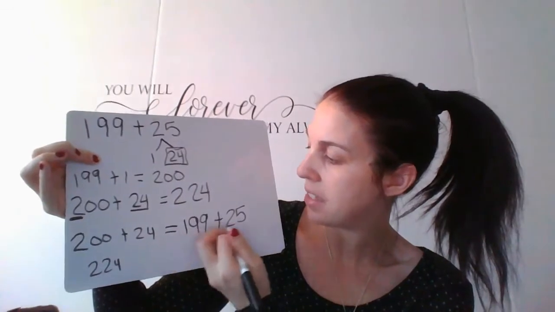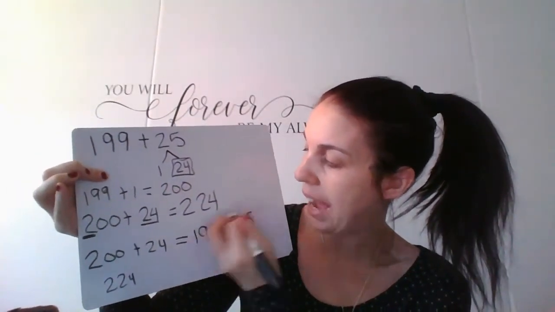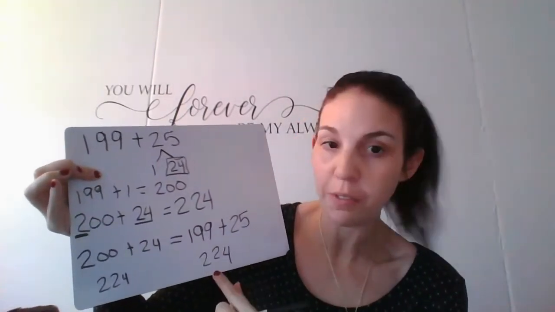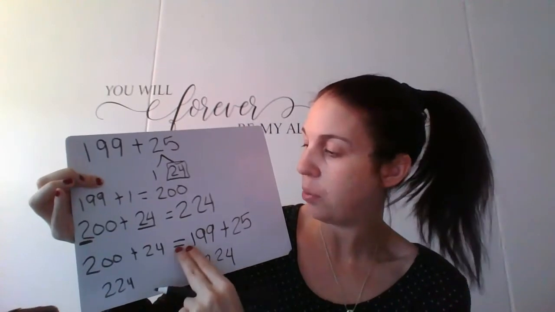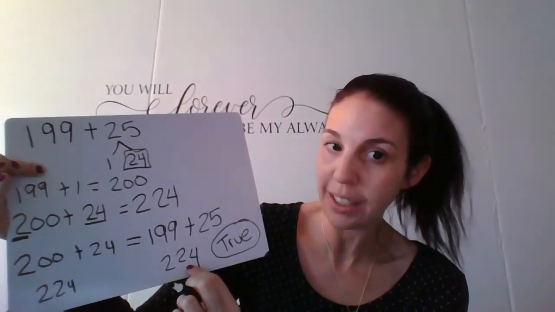And then if you had this one, 199 plus 25, and you added it together, your answer would be 224. So if you saw this equation, you would say true. This equation is true, meaning the answer of this equation is the same as this equation. They're equal.